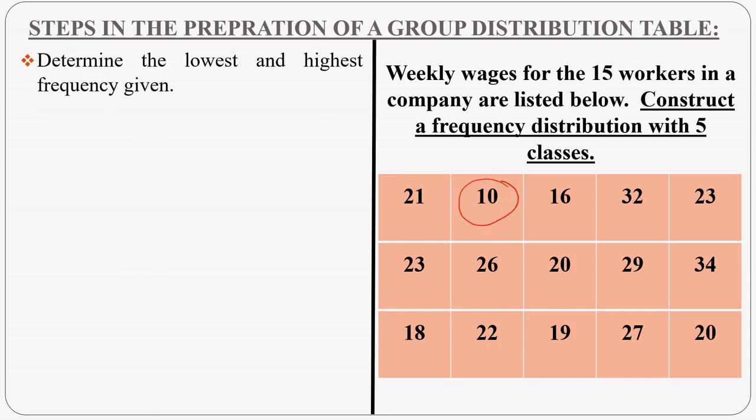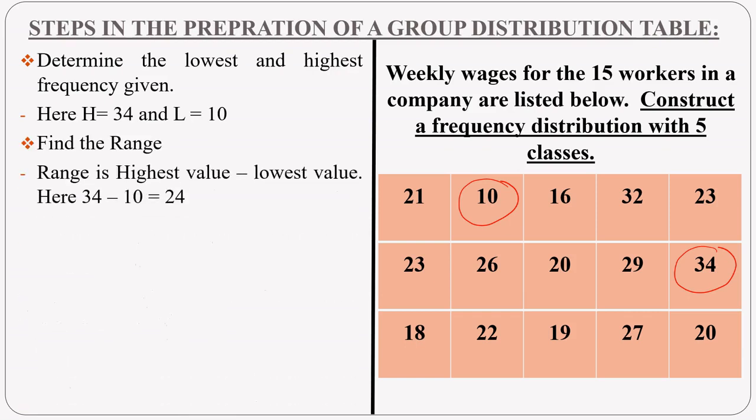The highest value in the table is 34. So first we need to mark this. Then we need to find the range. The range is equal to highest value minus lowest value. As you can see, highest is 34, lowest is 10, the difference is 24.